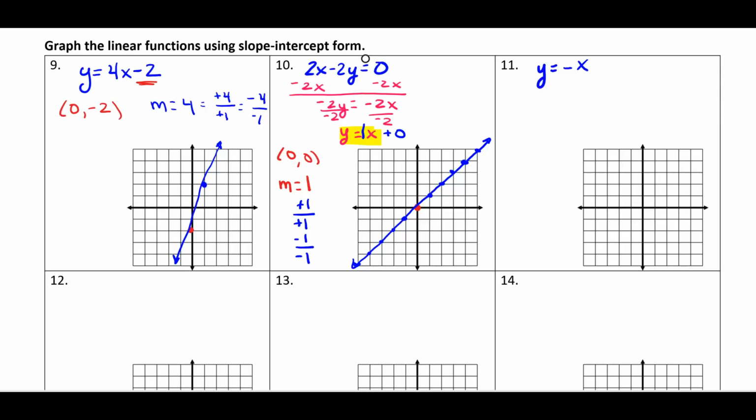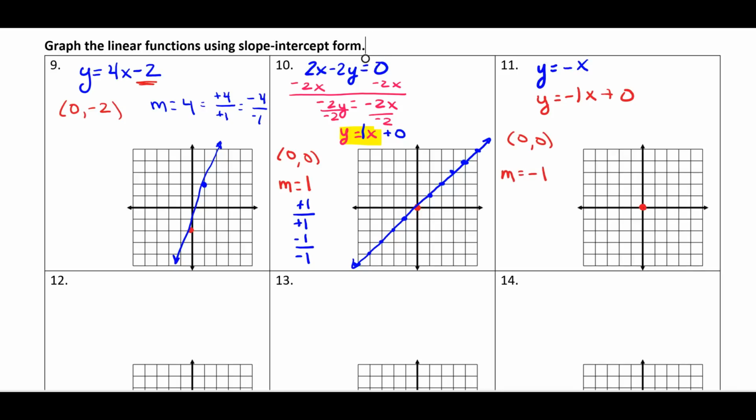But just like the other one, our understood y-intercept is going to be 0, 0, because this is really y equals negative 1x plus 0. So our y-intercept is 0, 0, right there. And our slope is going to be negative 1.